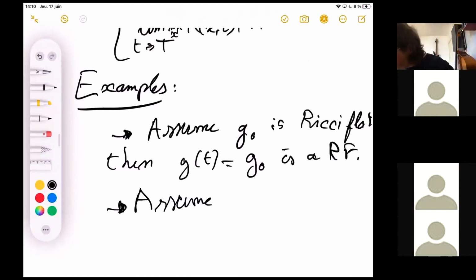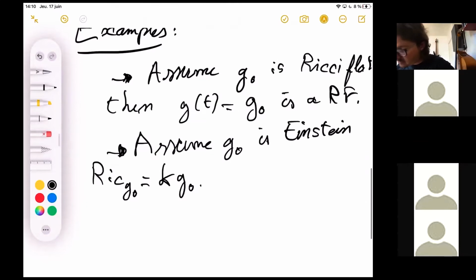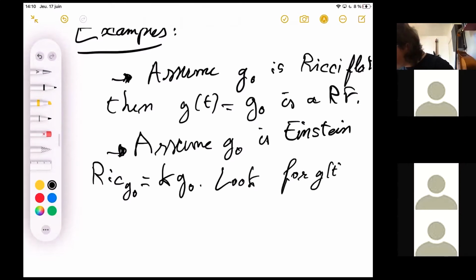You can do a little better by assuming that g0 is Einstein. So Ricci of g0 is equal to k g0, let's say. Then let's make an ansatz and look for a solution g(t) of the kind phi(t) times g0, just a homothetic multiple of the initial metric.